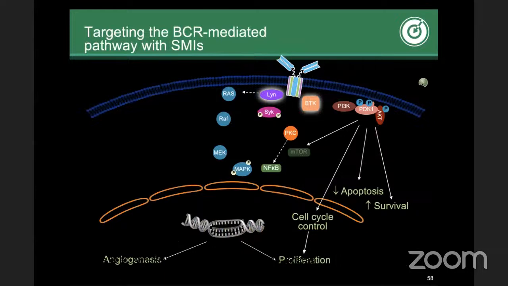Okay. And this is one example that I wanted to show you of how certain pills work. Every cell has a circuitry. It passes messages from one protein to the other. So it's called signal transduction. Signal transduction is stimuli that comes from outside to inside. And you have to understand the signal transduction in the B cell through the B cell receptor.